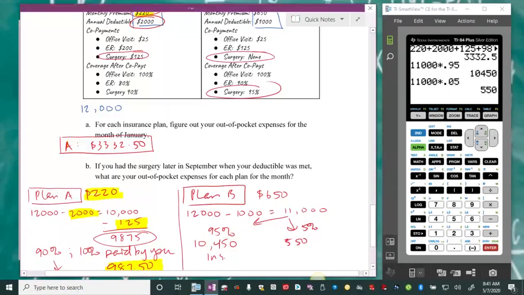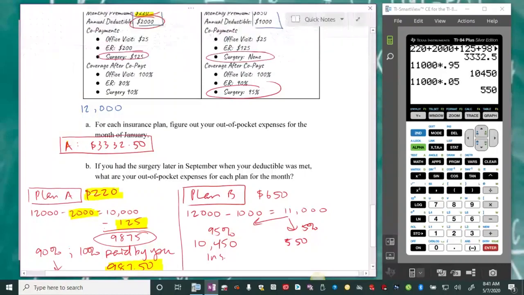Okay, so what all did we pay? We paid the $650, that was the premium. We paid the $1,000 deductible. There was no copay, so that left us with the remaining 5% that my insurance didn't cover. So let's go ahead and add these up.